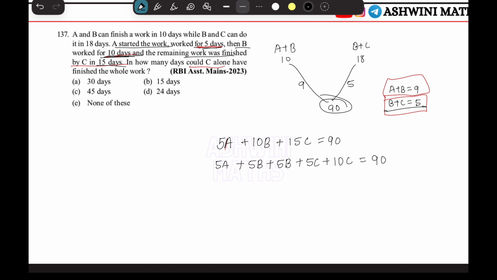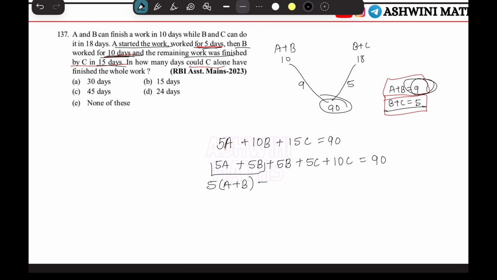So the total work we have arranged in this manner, 5A plus 5B, so that we can take 5 as common. It comes out to be A plus B, and the value of A plus B is given to us as 9.